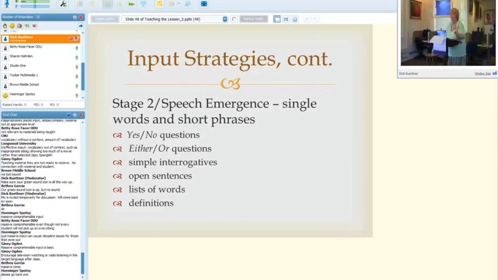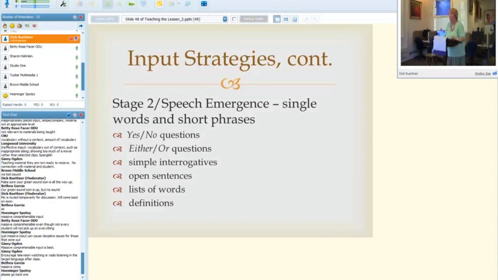Speech emergence, single words and short phrases. This is where they can answer just yes or no, or either-or questions, or repeat what you have said in their answer, and eventually get to open sentences. I've got lists of words in here. There are times when I simply have to say, you've got to memorize this list, because they're showing me that they haven't been doing their homework, they haven't been doing the exercises, they're failing quizzes, and so I have to revert back to a different way of doing it.